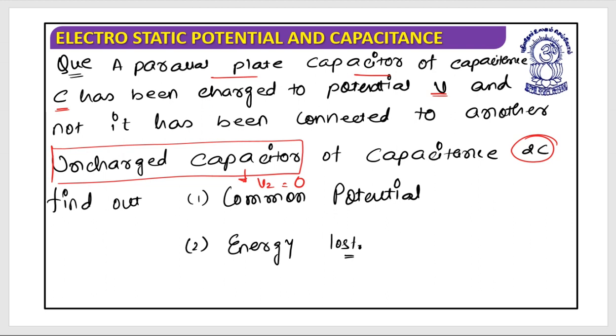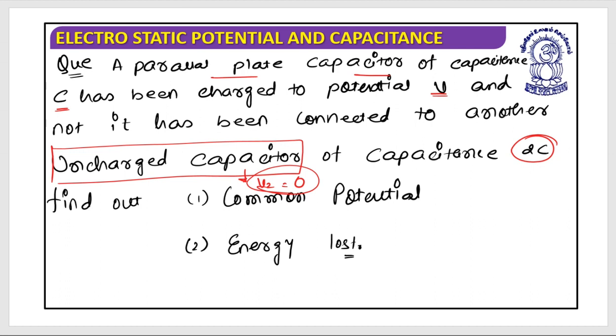One more thing, they have not provided whether the same plates or opposite plates have been connected, but it is not required at all, because V2 equals 0. As V2 is 0, it is not required whether the positive plates or negative plates are together.